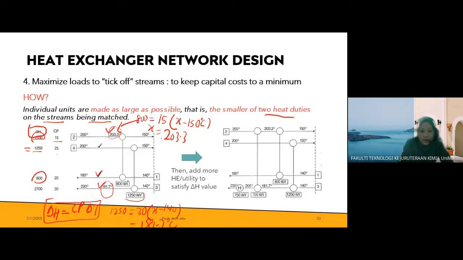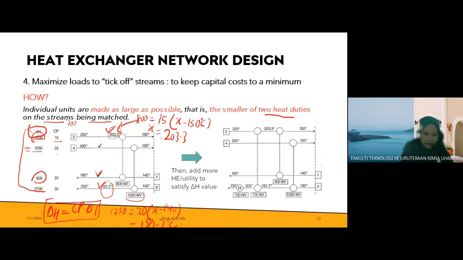Okay, now looking at this value of delta H for stream 2, you only have 800, right? 800. So meaning that you need an additional 700 kilowatt so that the heating requirement can be completed here.